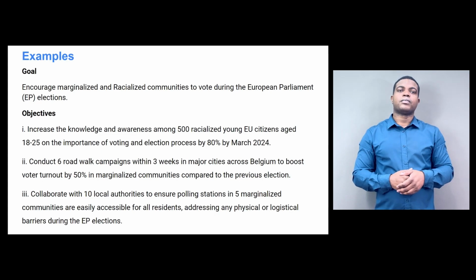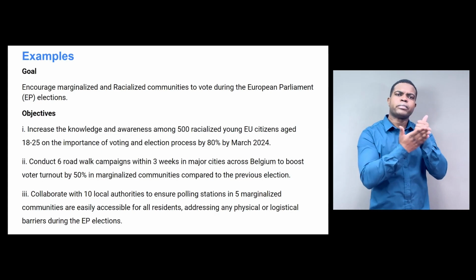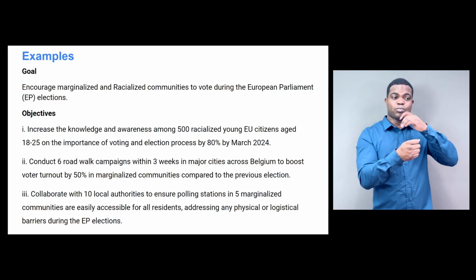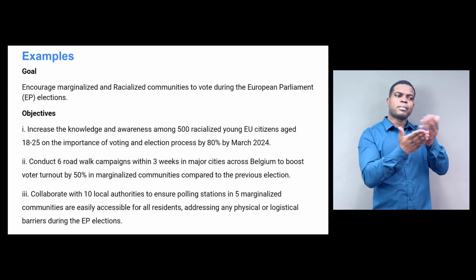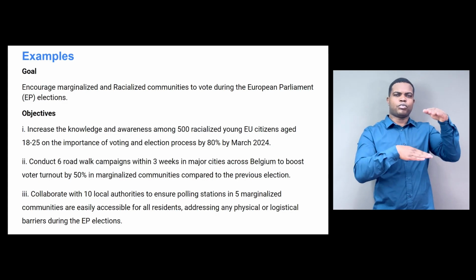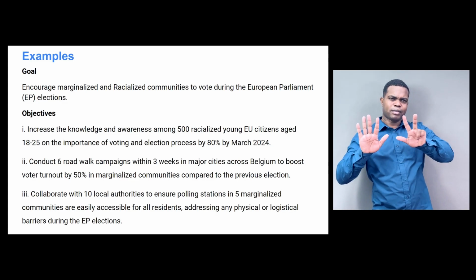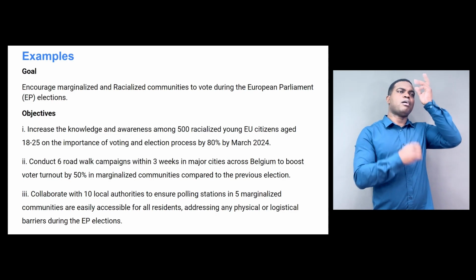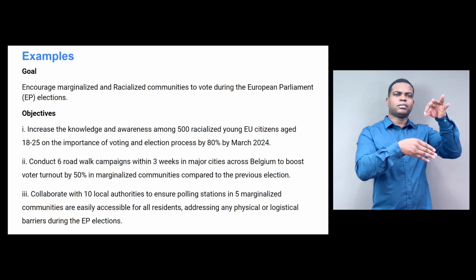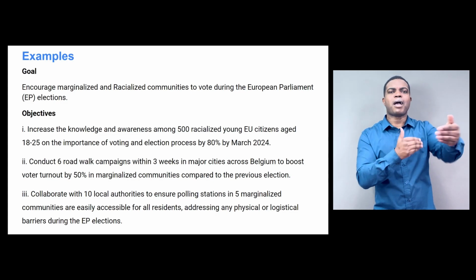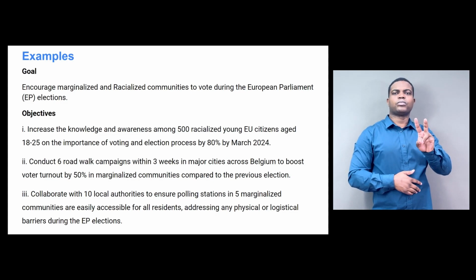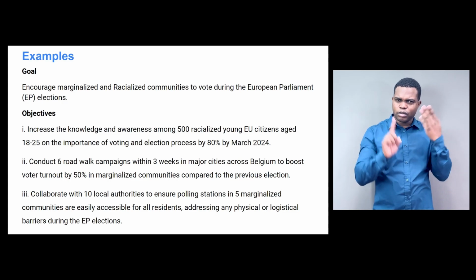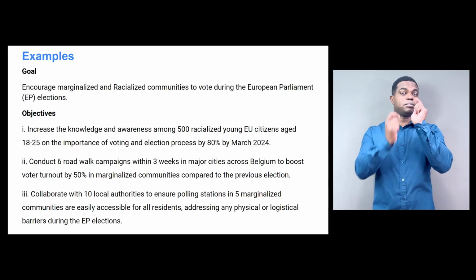So objective: increase the knowledge and awareness among 500 racialized young EU citizens aged 18 to 25 on the importance of voting and election process by 80% by March 2024. Now let's look at this. Specific. Is it specific?